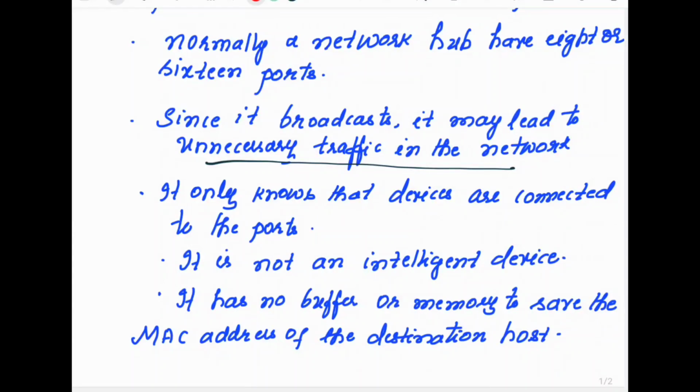Because it is sending the data to all the ports, definitely it is going to lead to unnecessary traffic in the network. And it is not an intelligent device, because it is not recognizing a device with a MAC address. Rather, it only knows that devices are connected to the ports. The reason it is not able to identify the devices with MAC address is, it has no buffer or memory to save the MAC address of the destination host.